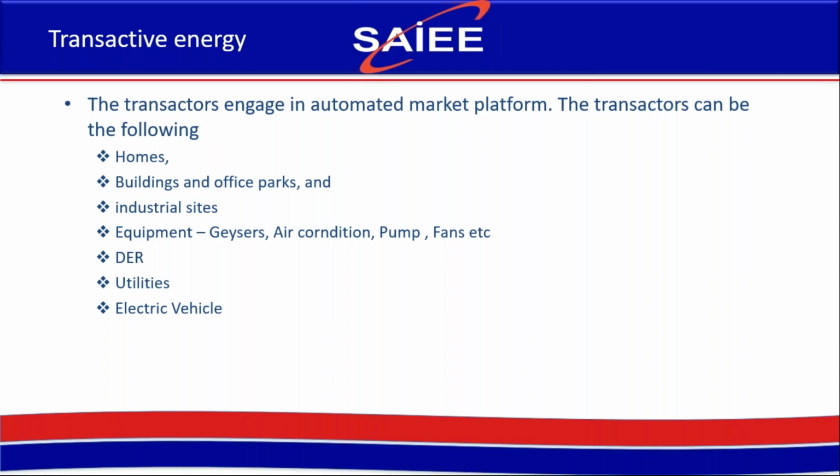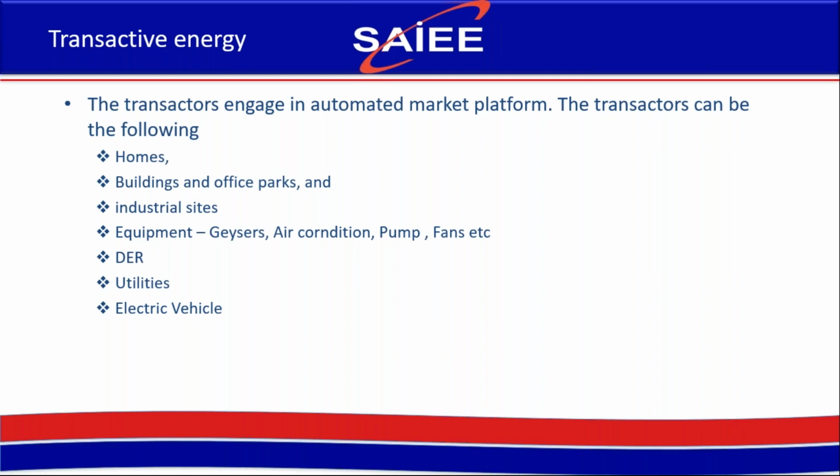As much as the word blockchain gives the talk weight, it's actually more about transactive energy. But what is going to make this transactive energy possible is the blockchain. That part of the blockchain will be able to give you this automated market platform.